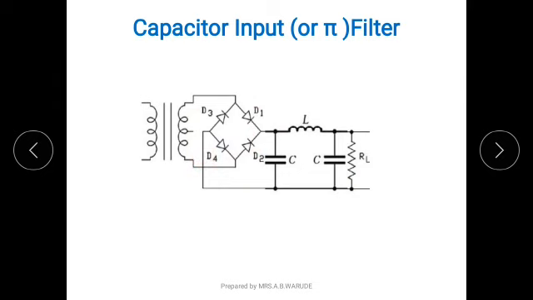If we observe this circuit, the shape of the filter looks like a pi shape. See here, this is a straight line and this is the shape of pi, and therefore this capacitor input filter is also known as a pi filter, or it is also called a CLC filter, because in between two capacitors one inductor is used.